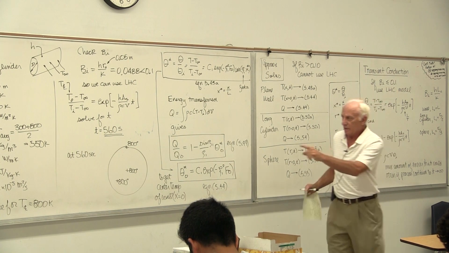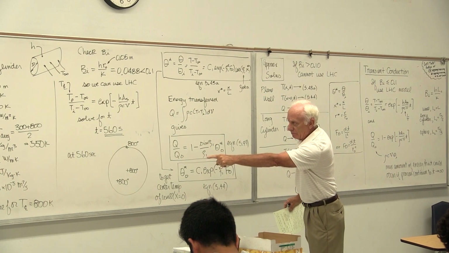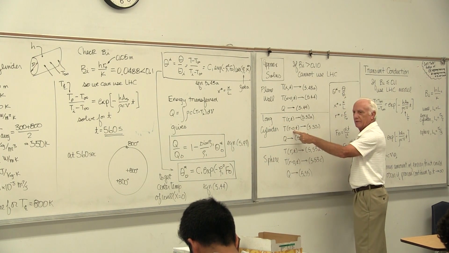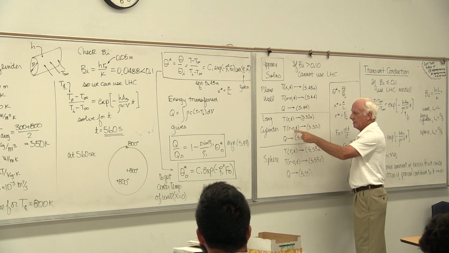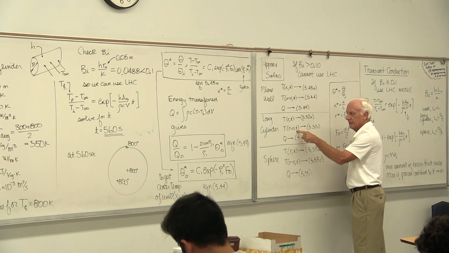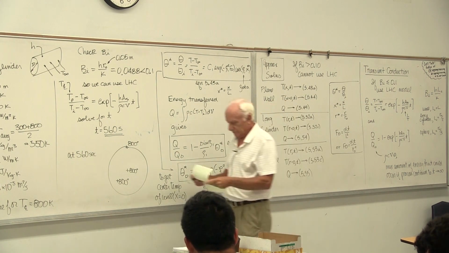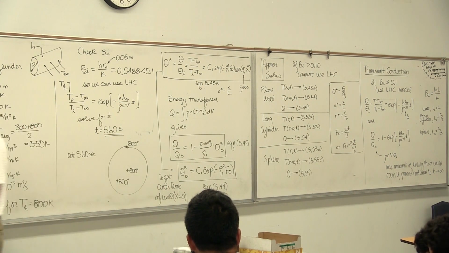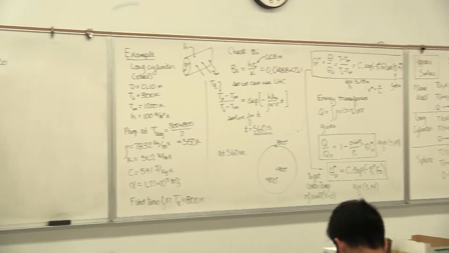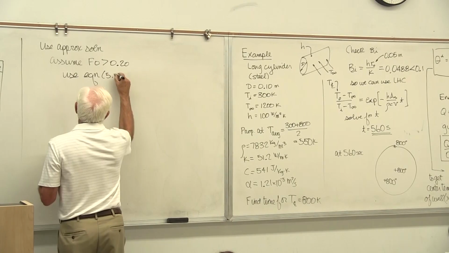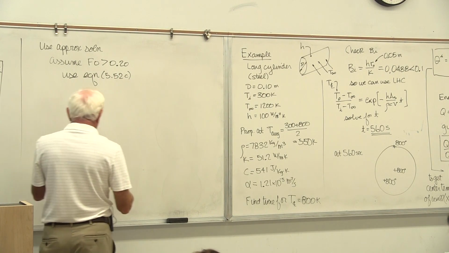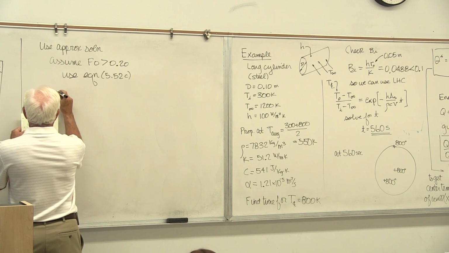What do I want? I want the time for the center temperature, 800. Center temperature, radius 0. Oh, there it is right there. That's the equation I want. Equation 5.52c. Center temperature. There's time. Use 5.52c. Okay, so we use that, and this is what we get.